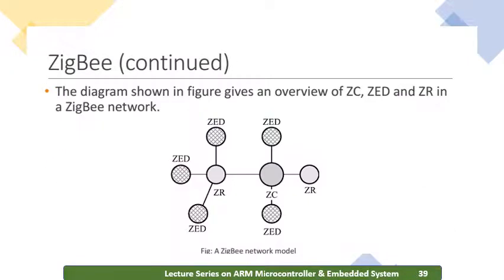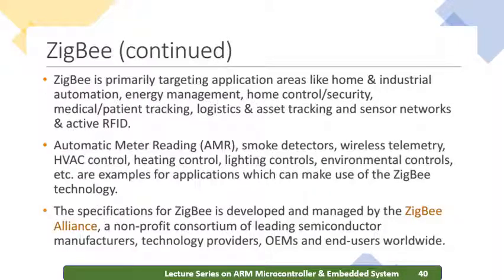Okay, so this is a connection. This is an end device. It can talk either to a ZigBee router or to a ZigBee coordinator, whereas ZigBee routers can talk to ZigBee coordinators or they can talk internally. ZigBee is primarily used in targeted applications like home and industrial automation, energy management, and so on.